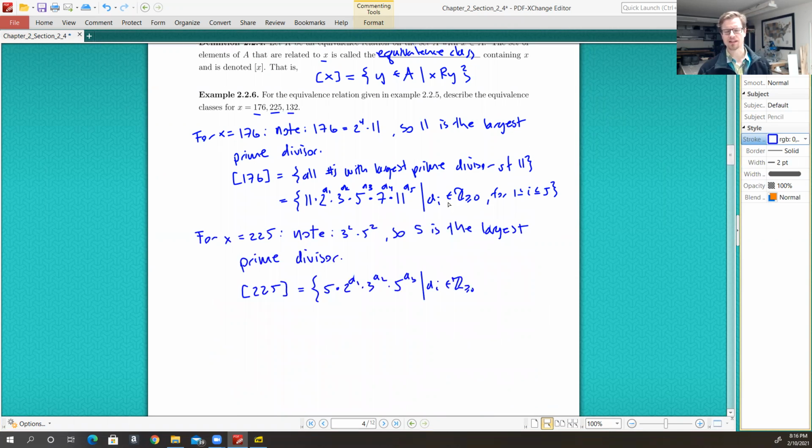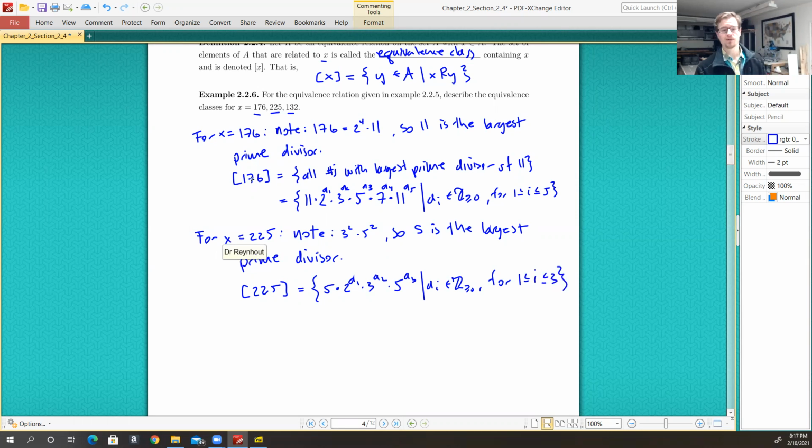So when I'm looking at this, these are the non-negative integers. So each of these exponents is a non-negative number. That is, it is allowed to be 0. So for i between 1 and 3. Excellent.